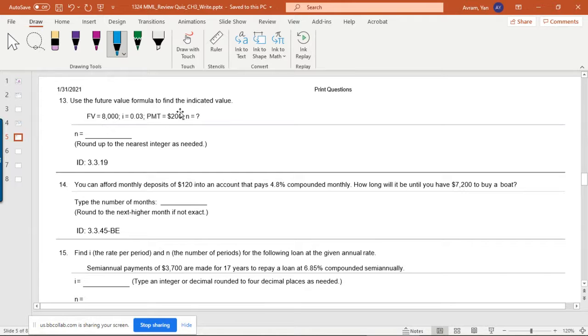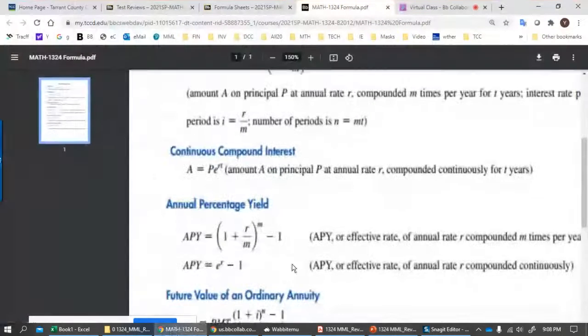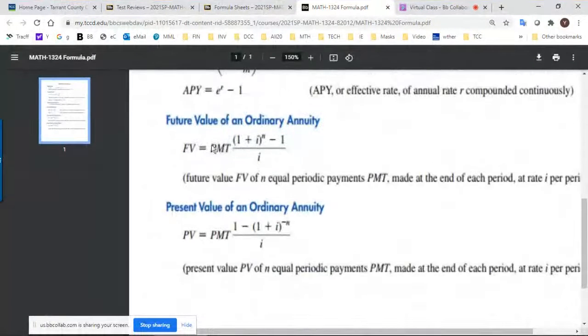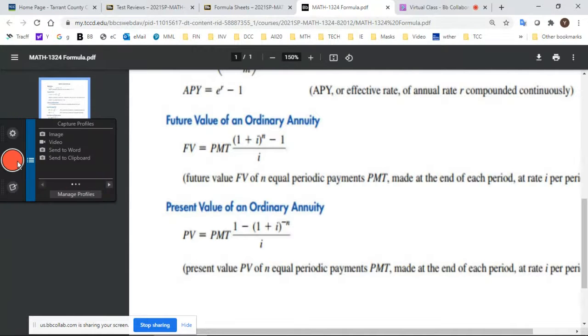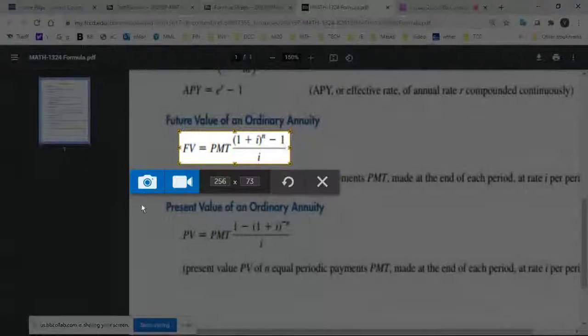Future value is 8,000, and you pay $200 each time. Okay, so we are already given the I and the payment. I can just put it into the formula. So let's see what formula we have. We have a future value and a payment, so I can copy down this formula, and then I can find the N.